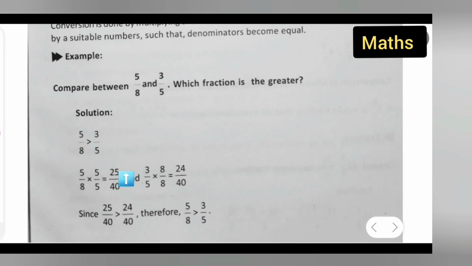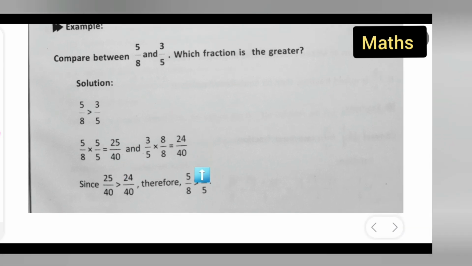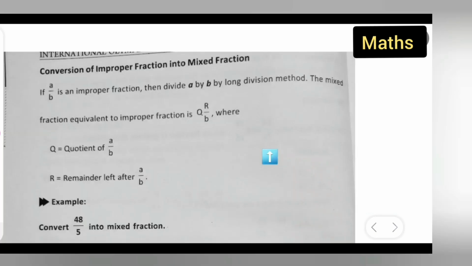Okay, so we'll get 25 upon 40 and 24 upon 40. Now the denominator is the same, but which one is greater? Obviously 25, we check the numerator. Once the denominator is the same, you can see 25 upon 40 is greater than 24 upon 40. Therefore 5 upon 8 will be greater than 3 upon 5.